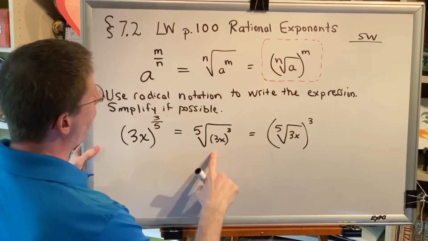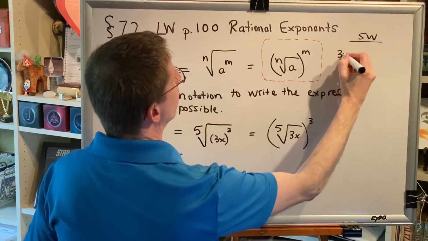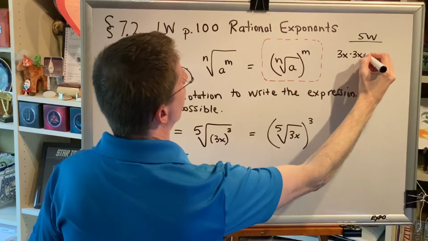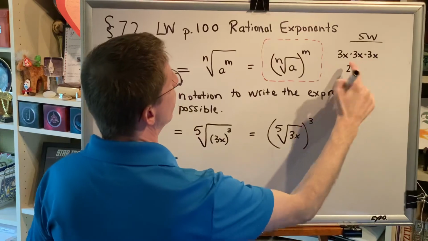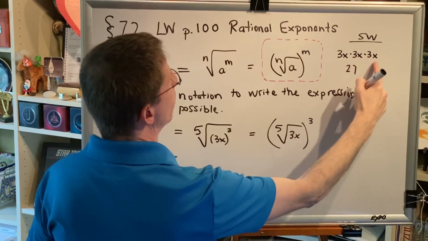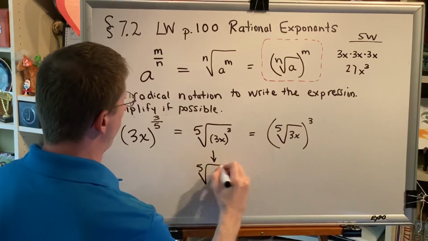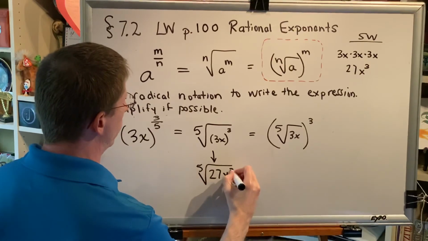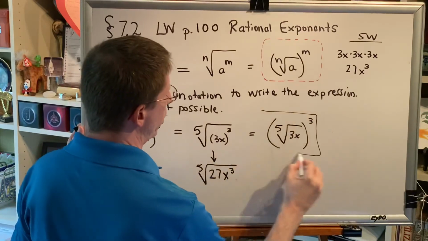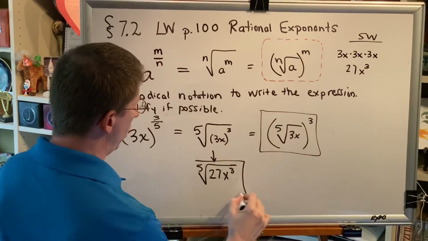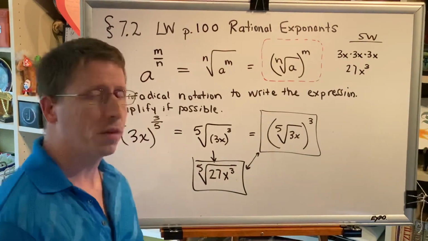With this, we can simplify by removing these parentheses. 3x cubed is the same thing as 3x times another 3x times another 3x. 3 times 3 times 3 is 27. x times x is x squared, times a third x makes it x cubed. So this simplifies to the fifth root of 27x cubed. This cannot be simplified further. Therefore, there are two equivalent correct answers to this problem. They are both considered simplified, and they are both considered correct.